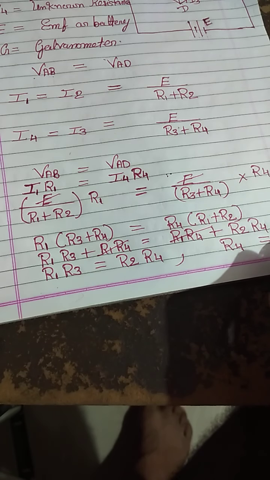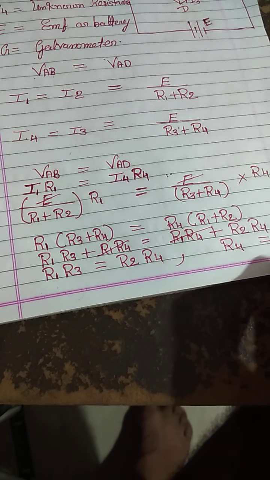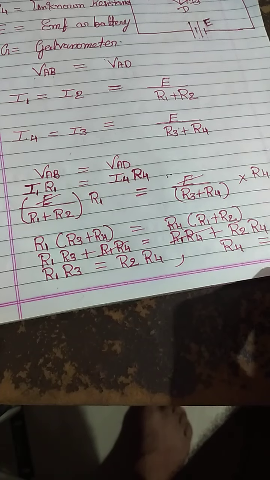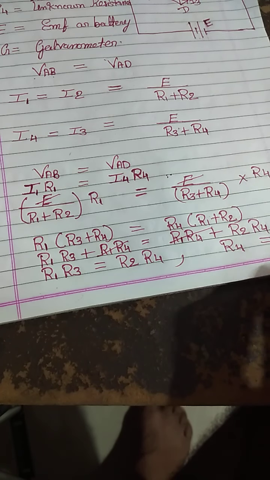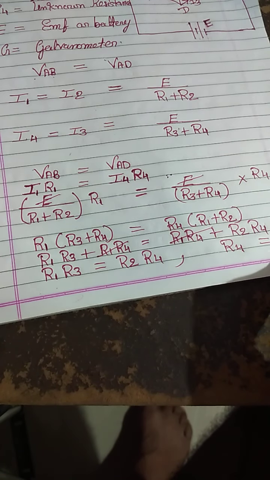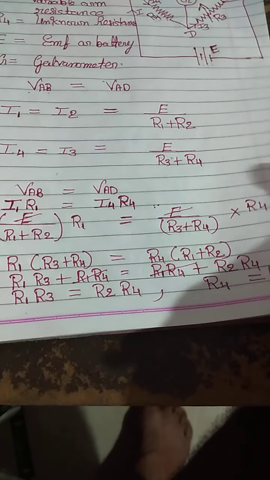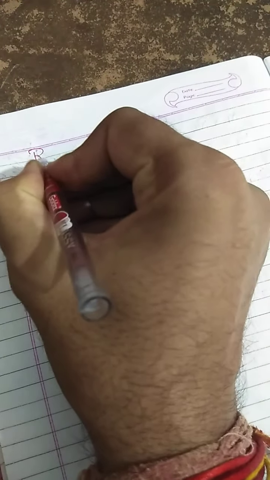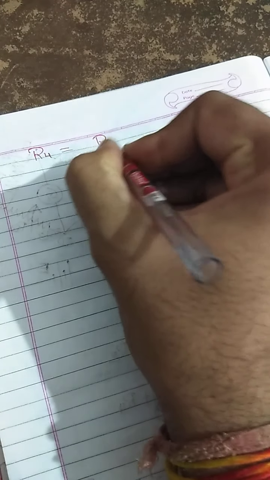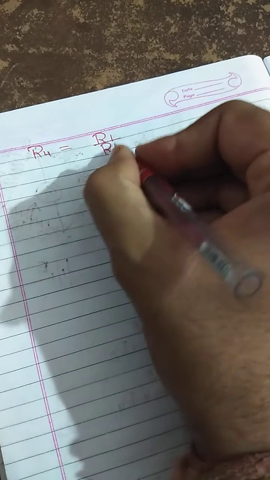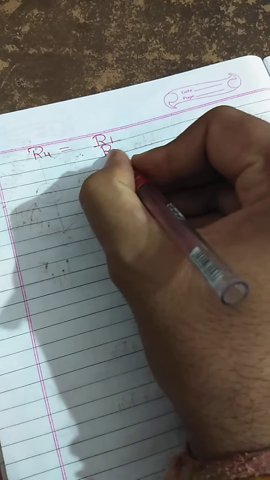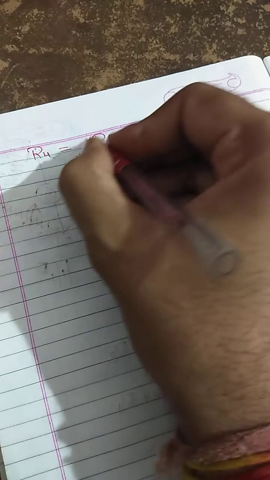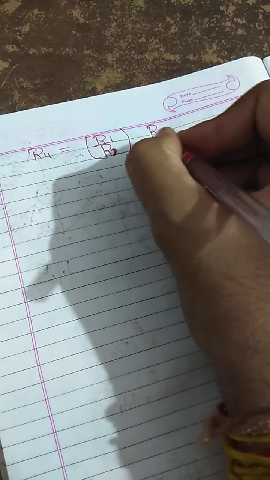So R4 equals R1 divided by R2, into R3. This is our equation, which can be written as R4 equals R1 divided by R2 multiplied by R3.